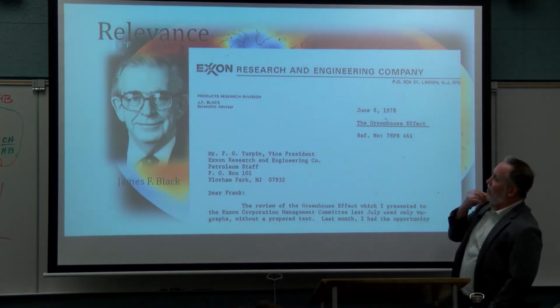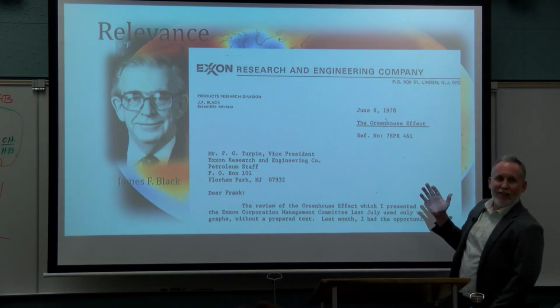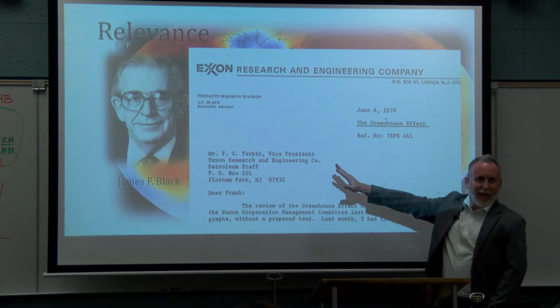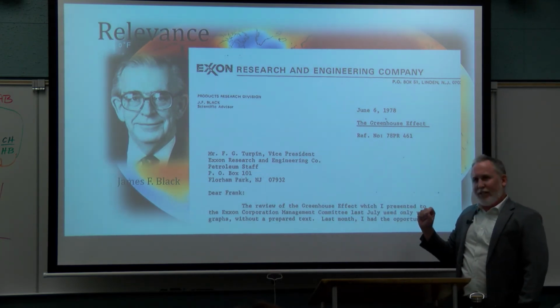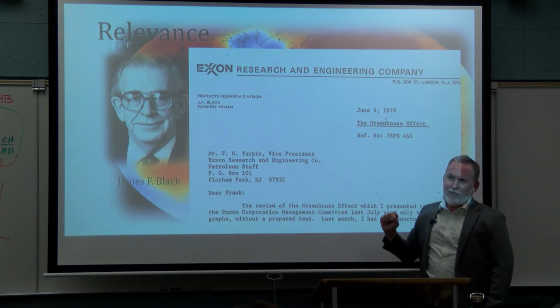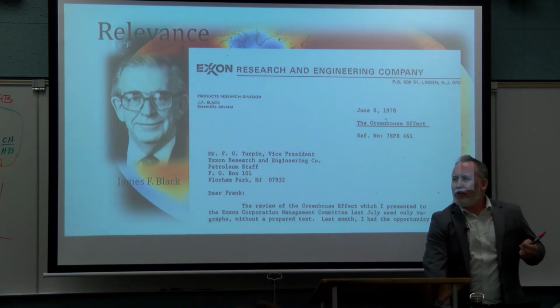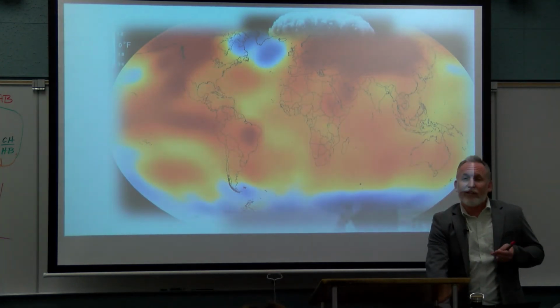And he allowed them to use his science to distort the scientific reality. He never spoke up. He never questioned the objectives of the Exxon Corporation. He did not ask the question, is this for the good?